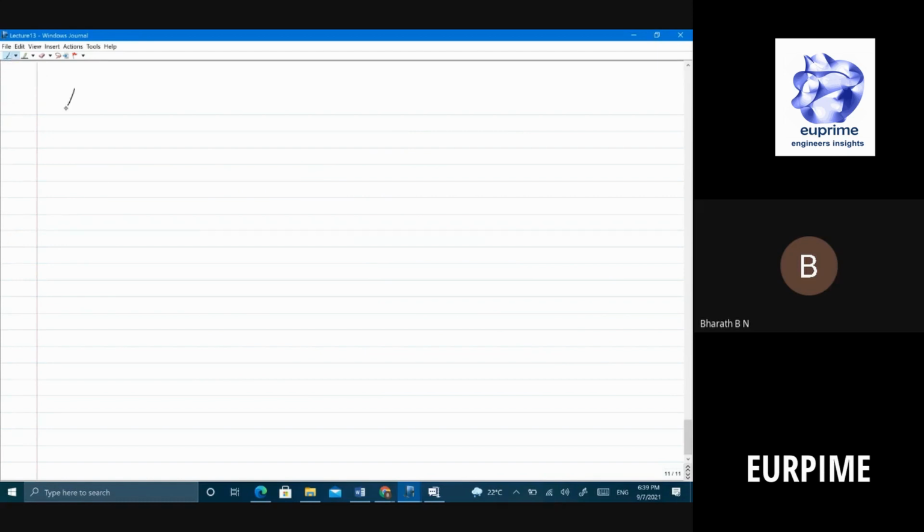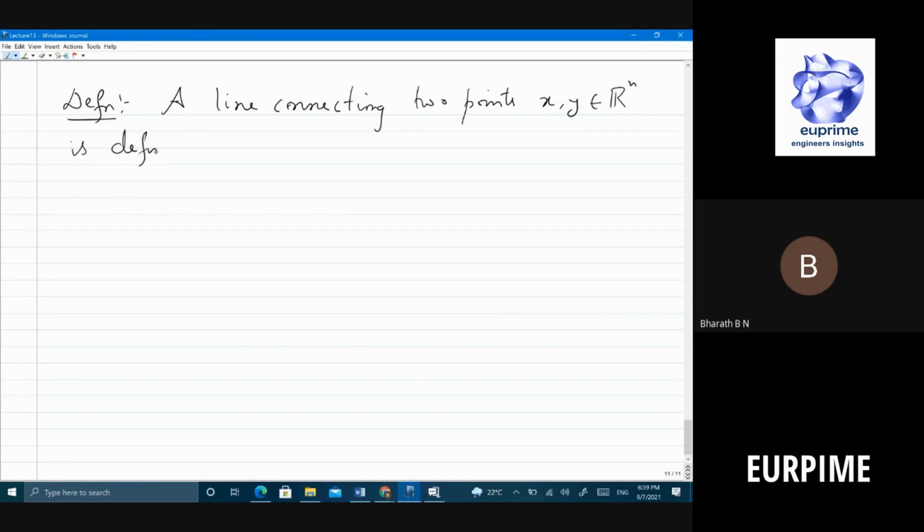So a line connecting two points x, y belonging to Rn is defined as, how do I write this?